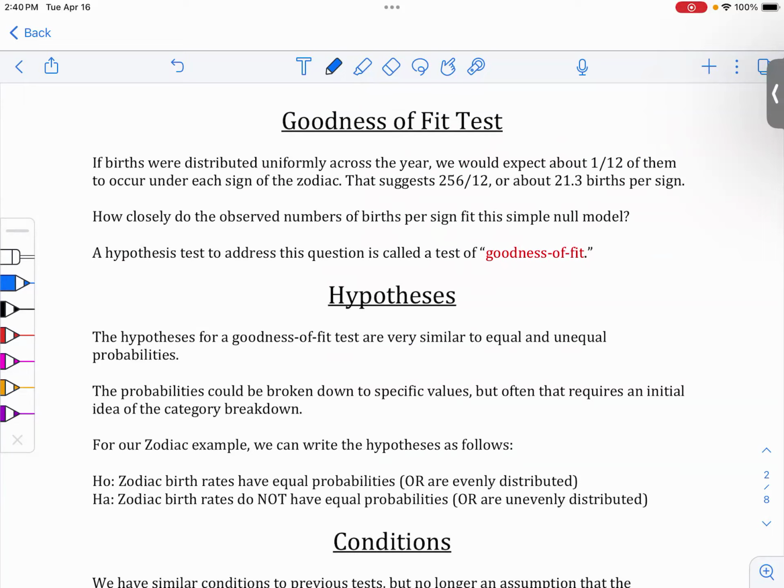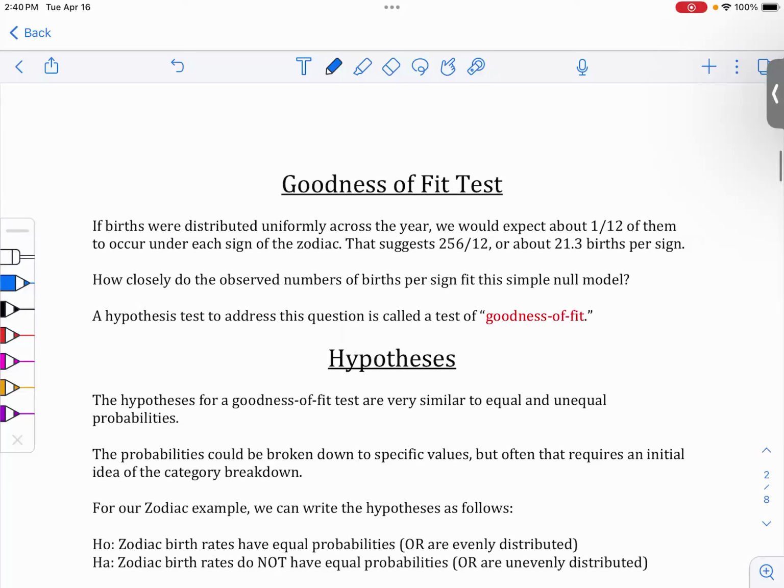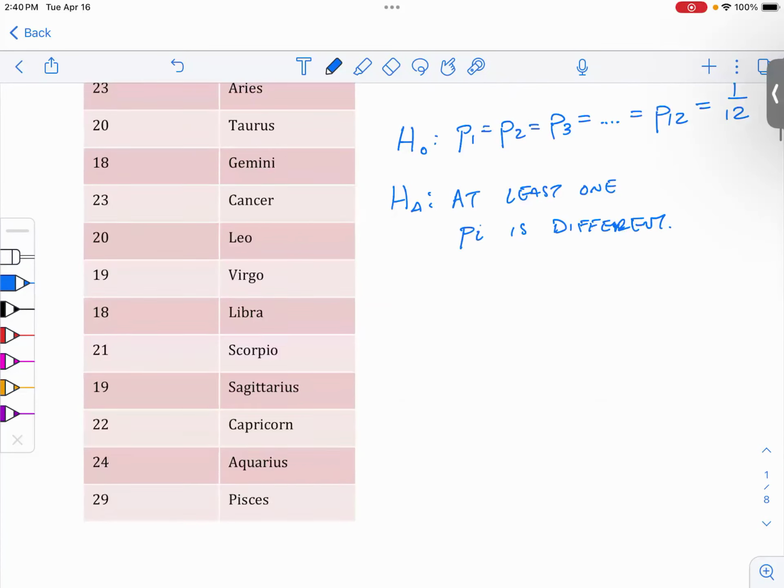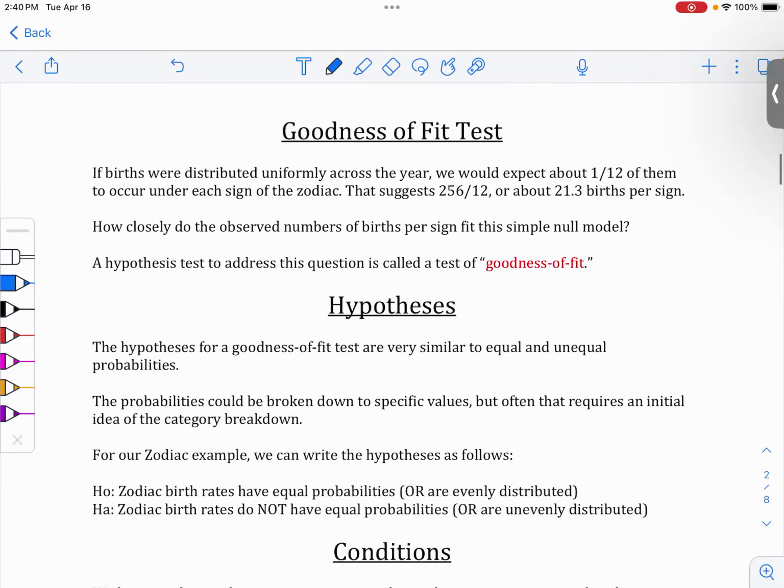The proportions are all equal to 1/12, all right? Or something is different. And typically we just write these as the probabilities are the same or they are different. So we even write these hypotheses in words.